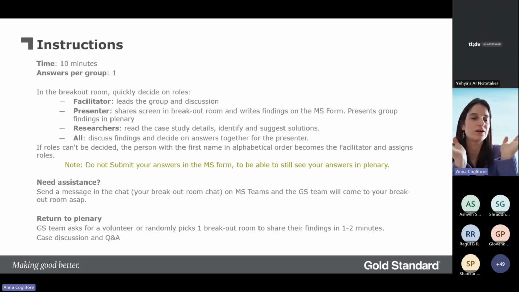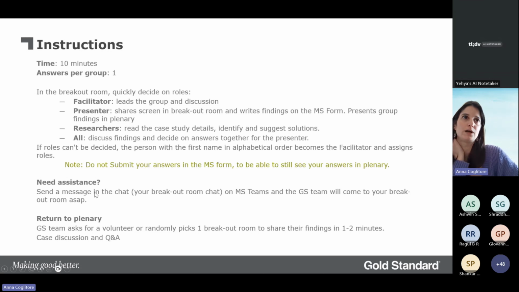If you find yourself stuck and cannot decide on roles, the person with the first name in alphabetical order will be the facilitator and will assign the roles to the others. One suggestion, if you're going to present afterwards, please do not submit your answers yet, because otherwise you will not see them anymore in your form.